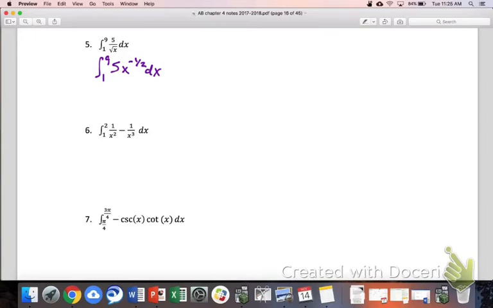Good. Number 5, first step is to do an antiderivative. Riley, if you're going to do an antiderivative, what did you get for that? I got 5 times x to the, or, oh, you mean like simplify it? I don't care. Whatever you think. Simplify was 10x to the 1/2. So guys, take a minute and look carefully at your number 5. Did you have 10x to the 1/2 as your antiderivative of the integrand?